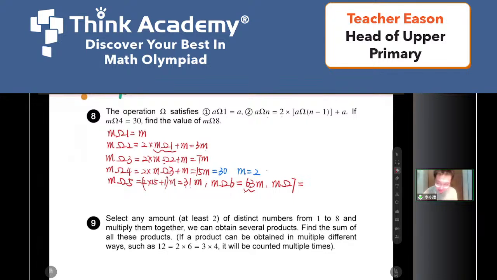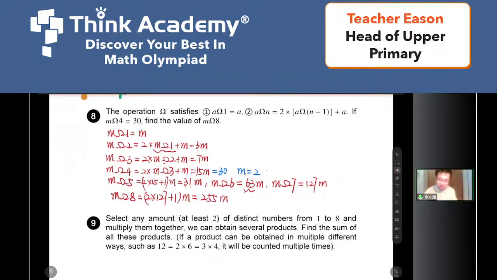And for 6 and 7, maybe just here. So 6 is the same. And 7 is 2 of 63, then plus 1. So 127m. Then m omega 8 is 2 times 127 plus 1m, which is 255m.